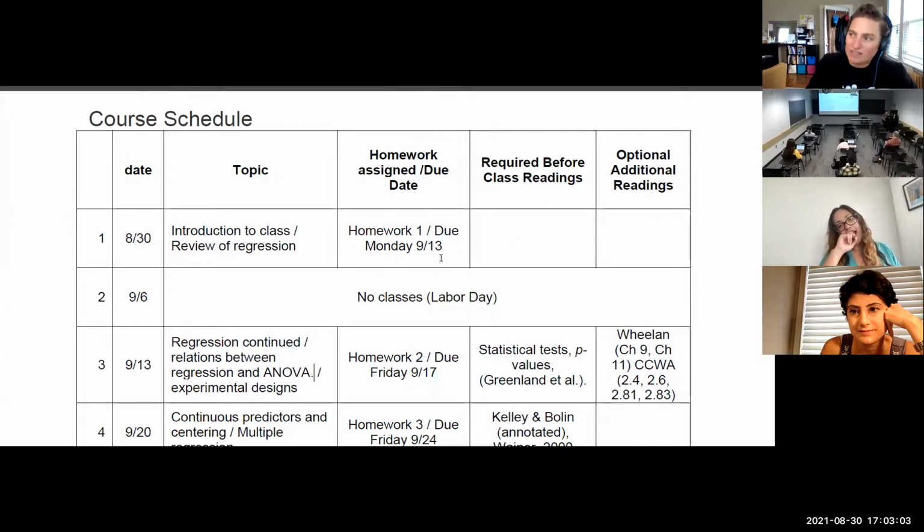This is the homework that's been assigned and the date that it's due. Any readings that you have to complete before you come to class will be in this column. And then any additional readings from the textbooks or from the other potential readings that I have listed, I will put here, just so that you know where they're from if you happen to have those books.